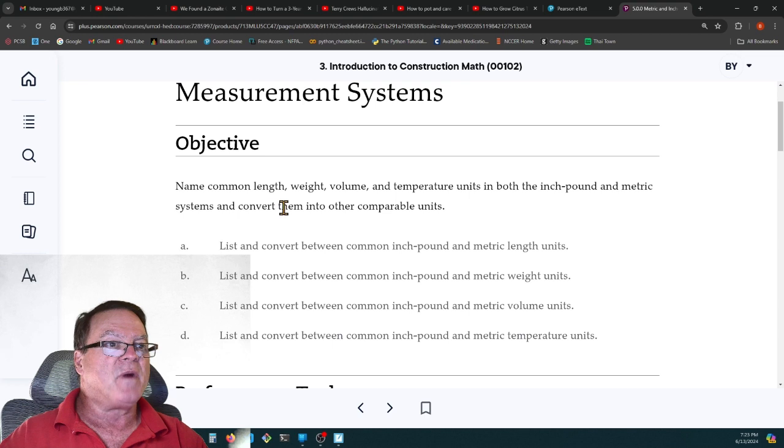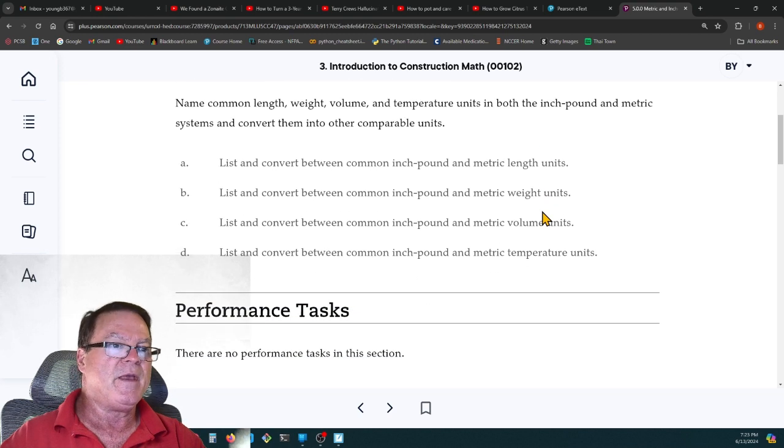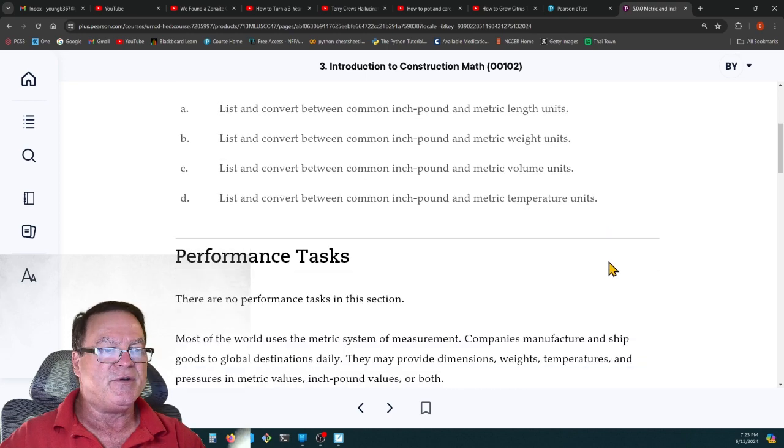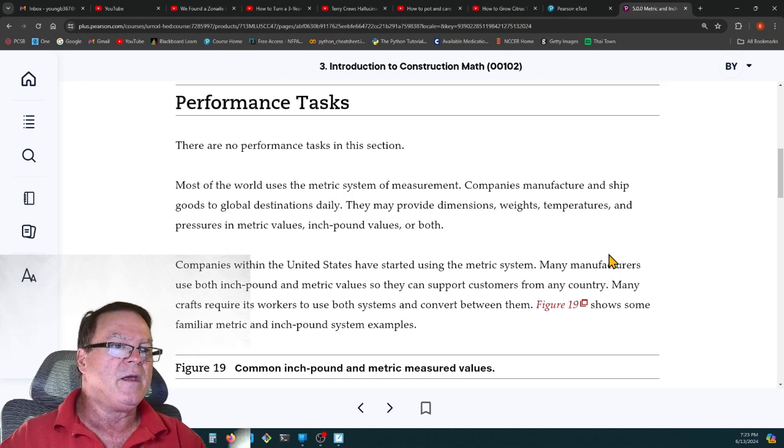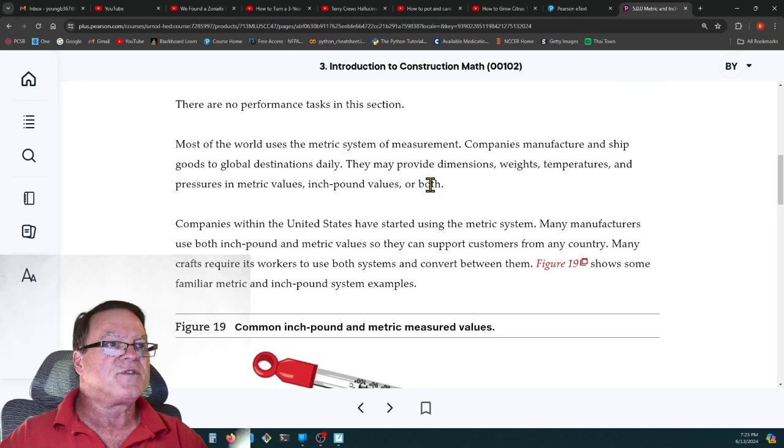After completing this module, you'll be able to name common length, width, weight, volume, and temperature units in both the inch-pound and the metric systems and convert them into other comparable units. List and convert between common inch-pound and metric length units, weight units, volume units, and temperature units. It says most of the world uses the metric system of measurement.